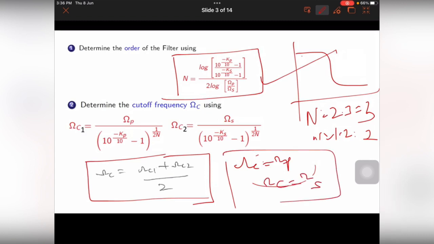It is left to them, but the final answer almost remains the same. Here I am following the average of omega p and omega s. If you take omega c as omega p, that is also right, or you can consider omega c as omega s, that is also right. But I am taking the average of these two, the mid value, as the cutoff frequency.